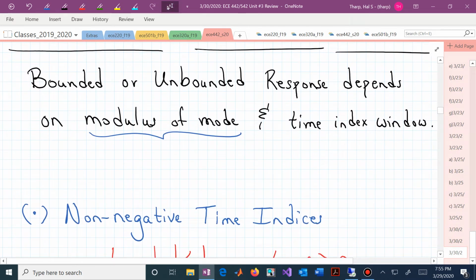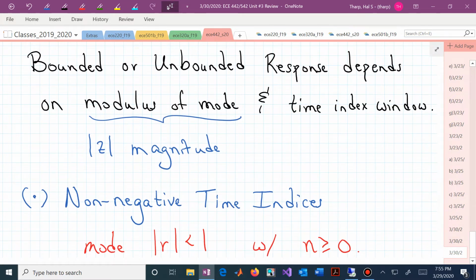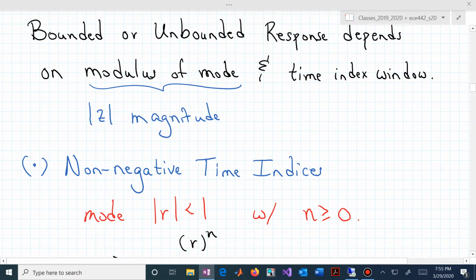Now, whether we have a bounded or unbounded response depends on the modulus of the mode, and the modulus of the mode is just another way of saying the magnitude of that mode. You need to look at the magnitude of the mode and the interval of support, or the time index window. When is that x of n defined?